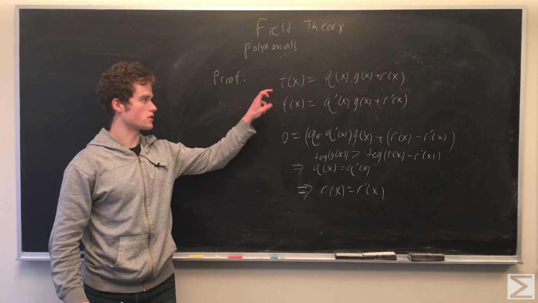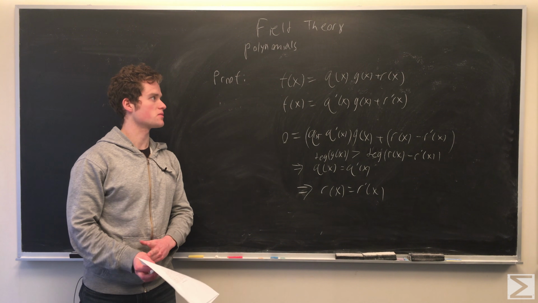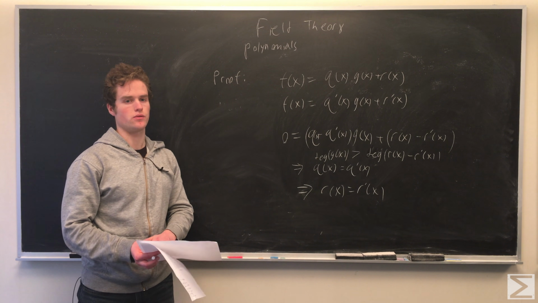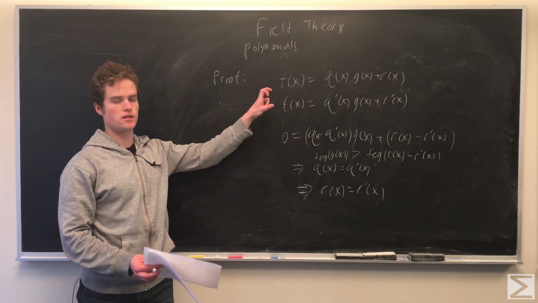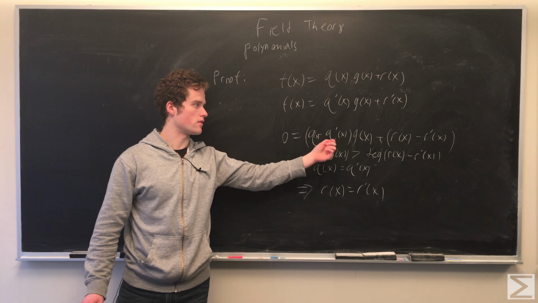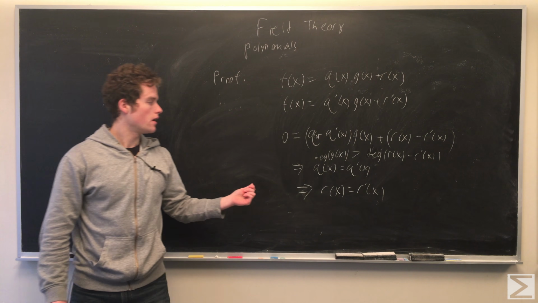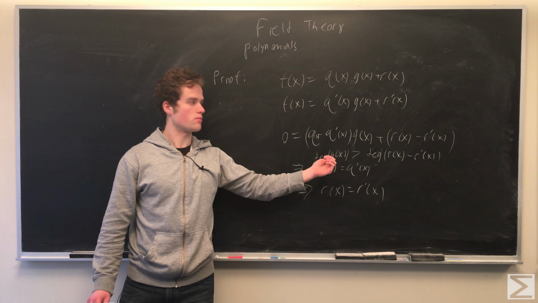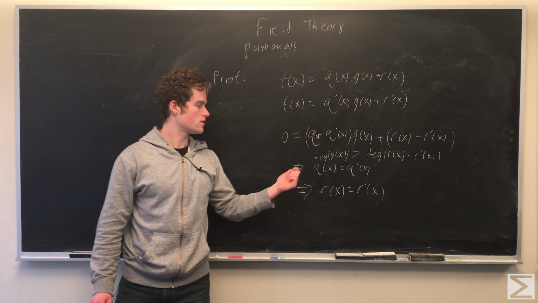So say we have two different expressions, f(x) = q(x)g(x) + r(x), and another expression where we have q'(x) and r'(x). So subtracting these two, we get 0 = (q(x) - q'(x))g(x) + the difference between the r(x)'s. And so here we still have degree of g(x) is greater than the degree of r(x) - r'(x).